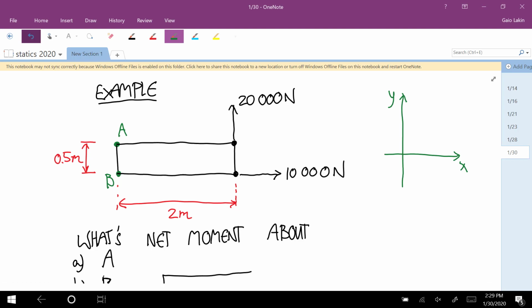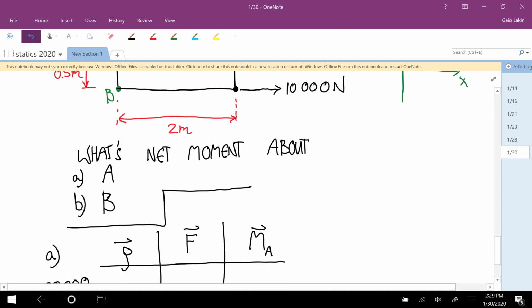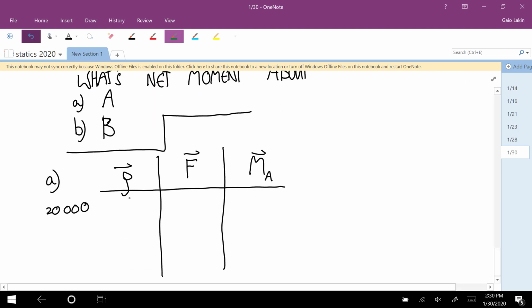Well, if you start here, you can think about it as just a set of directions to get there. Start at A, go 2 meters in the positive x direction, 0, 0. Everybody with me on that?